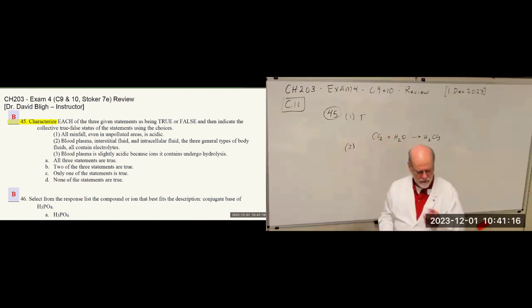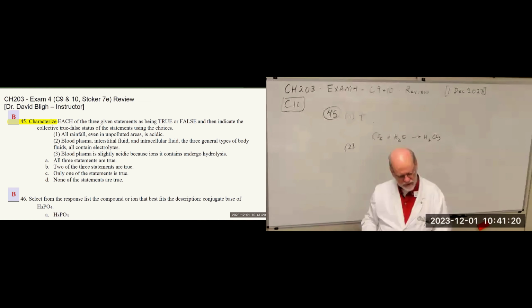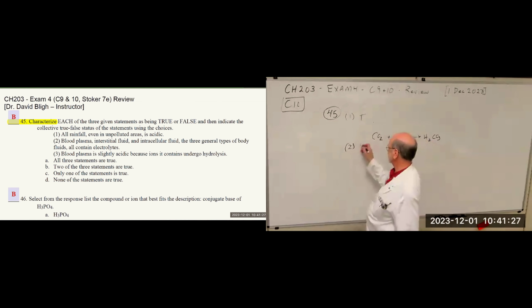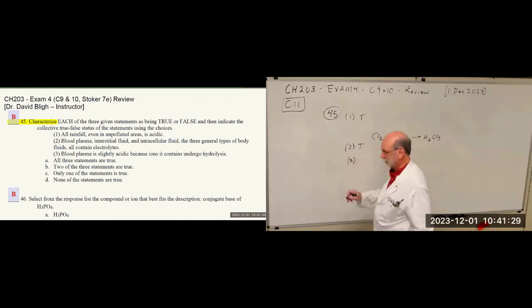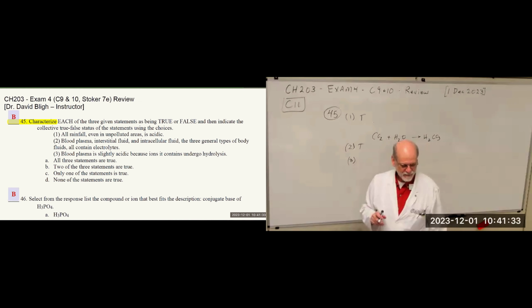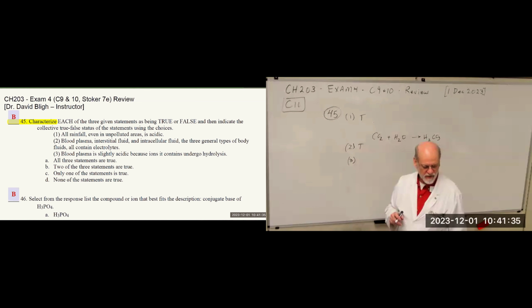How about 2? Blood plasma, interstitial fluid, intracellular fluid, three general types of body fluids, all contain electrolytes. Yeah. Everybody knows that. 3, blood plasma is slightly acidic because ions it contains undergo hydrolysis. No, blood plasma is slightly basic.